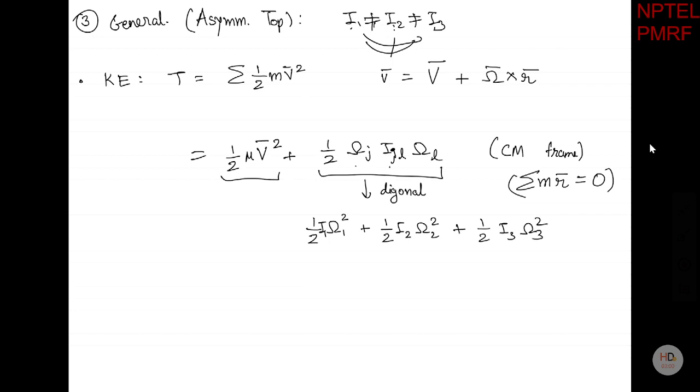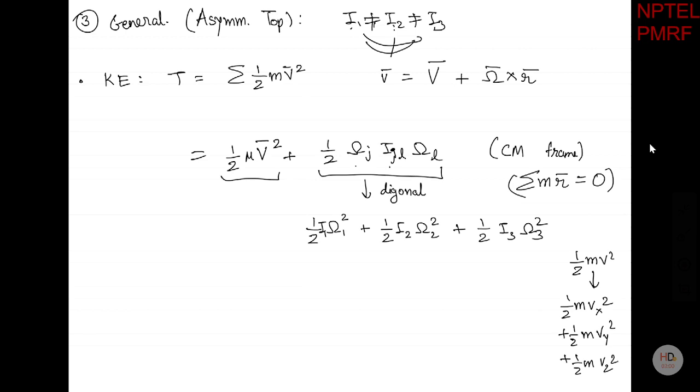So we often make an analogy between translation and rotation. In translation you have half mv square, and if you write it component-wise, you would have half m vx square plus half m vy square plus half m vz square.